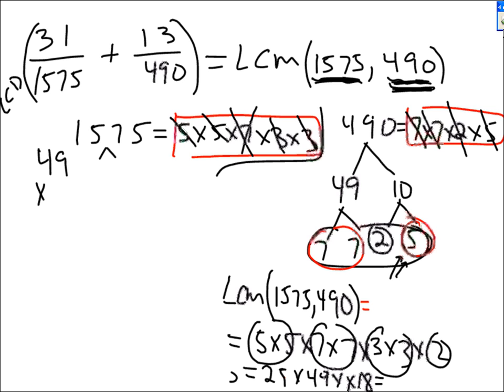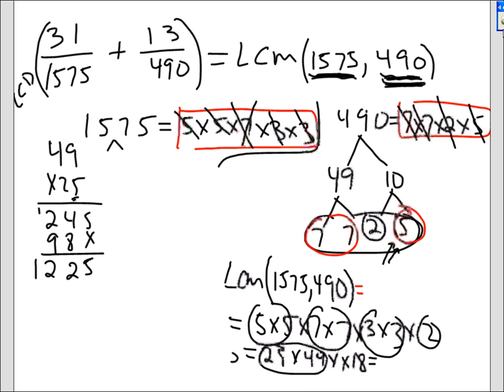49 times 25. 5 times 49 is 245. And then 2 times 49 is 98. 5, 12, 12. 1225. That's what you get when you multiply those two numbers. Now I have to multiply it by 18. 1225 times 8 is 9800.